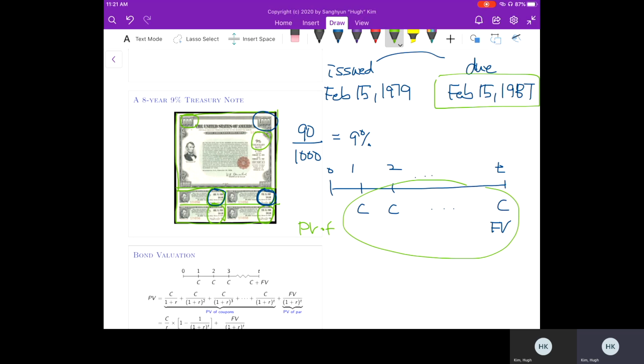There are two parts to these cash flows. The first part is the present value of its coupons, and the coupons are in the form of an annuity.